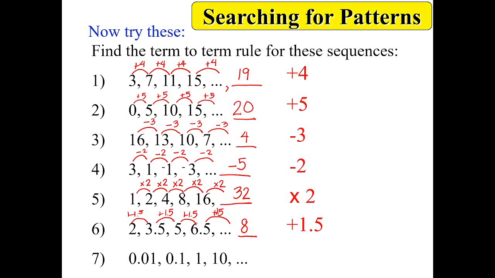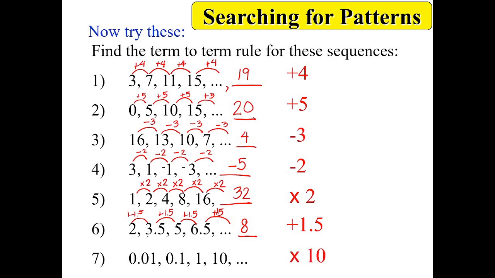Let's have our last item for this one, searching for patterns. Number 7: 0.01, 0.1, 1, and 10. What could be the pattern for this? Think carefully, analyze the numbers. Think of a pattern, a term-to-term rule that applies to all the terms. That's totally right. Times 10.